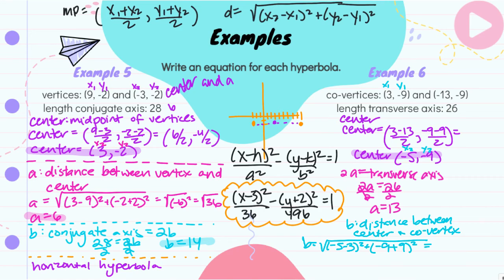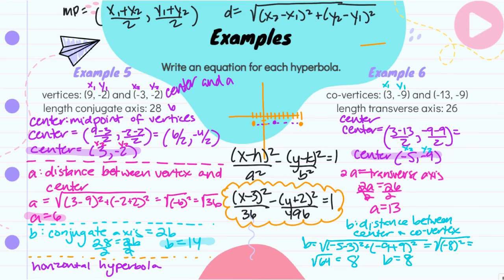And notice negative 9 plus 9 cancels. So this becomes the square root of negative 8 squared. Square root of 64 is 8. So B equals 8.